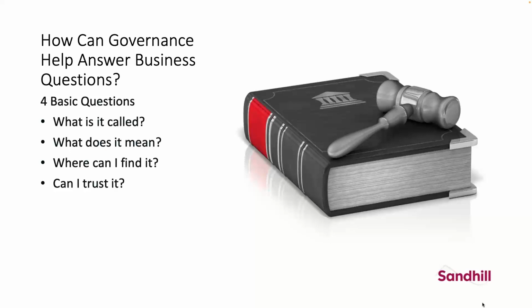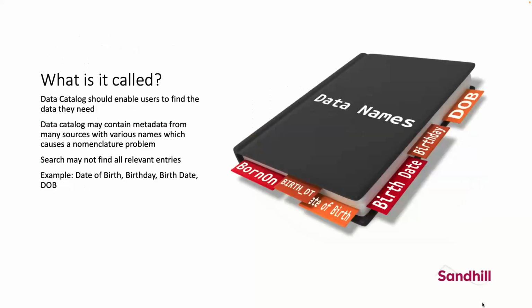What we're going to do is start off with the first question, which is, what is it called? The data catalog, at its very rudimentary functionality, should be able to enable users to find the data they need. A data catalog can contain metadata from lots of different sources. But one of the problems is that people name things differently.